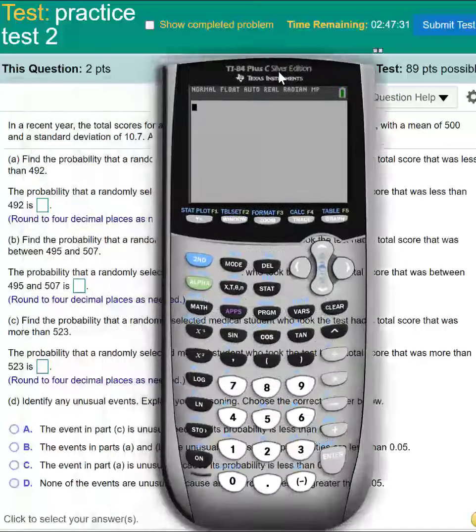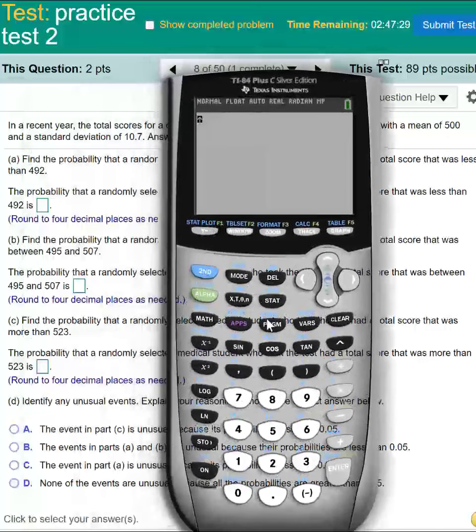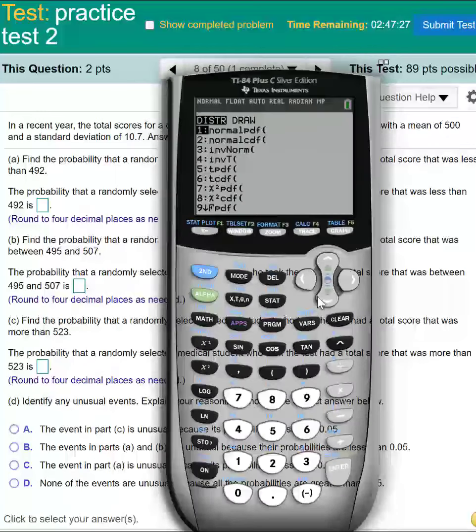Okay, so we just come here, second, variables, normal CDF, less than 492, so negative a million, 492, mean is 500, and standard deviation, as you noticed, it's 10.7.